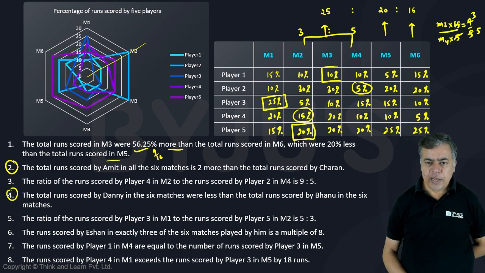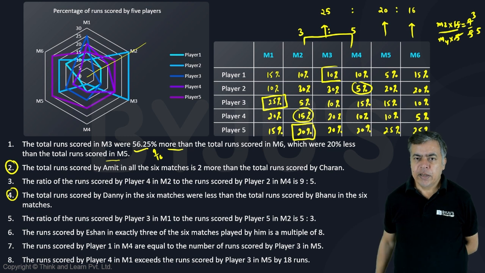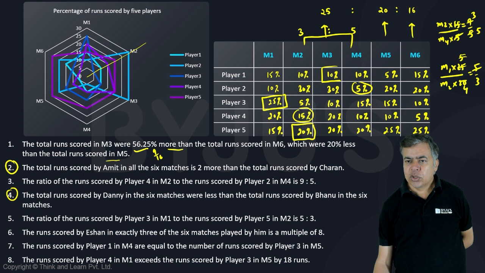This is given as 5:3. Right? So that means M1 25%, M2 20%. This is 5:3. So 5 into 5, 5 into 4. So the ratio of M1 and M2 is 4:3. So if this is 3, so this is 4.